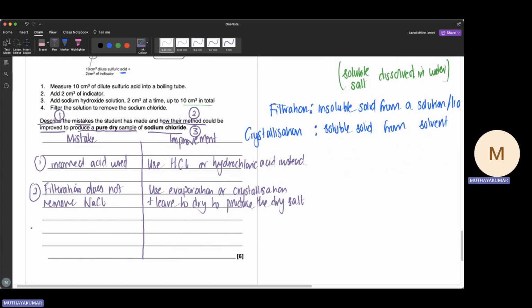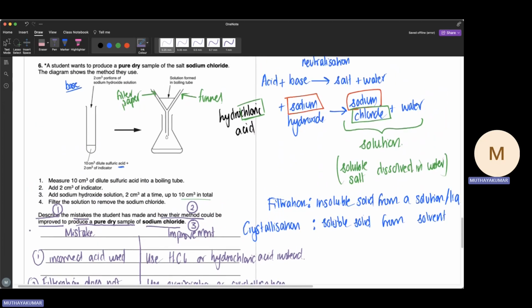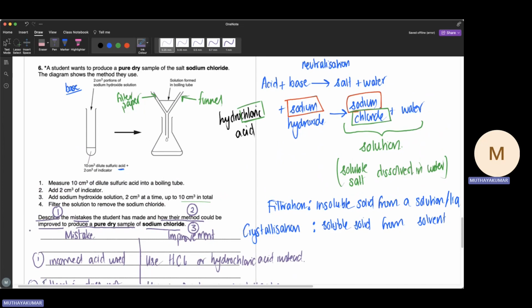So instead, what we could do is take a note of how much base we need in order for this acid to be neutralized, and then repeat the entire experiment again without the indicator. So you note how much base you needed for that indicator to change color.